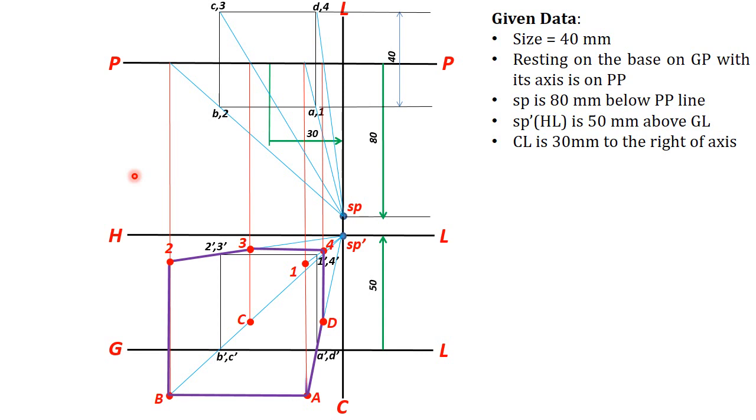So in this problem, you can find a visible edge A1, which is nearer to SP in the top view, and also in the front view you can see A1 dash, and A dash is nearer to SP dash. So you can draw A1 as a visible line. If the edge A1 is visible, it means the point 1 is visible, so all the lines joining the point 1 will be visible, that is 4, 1 and 2, 1 will be visible.